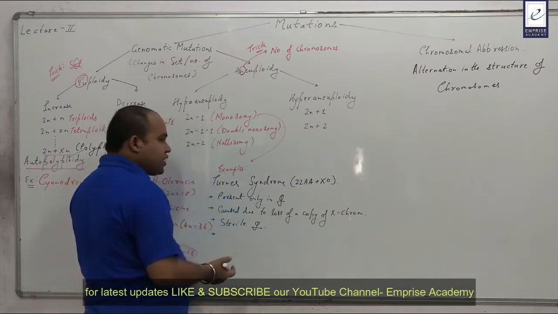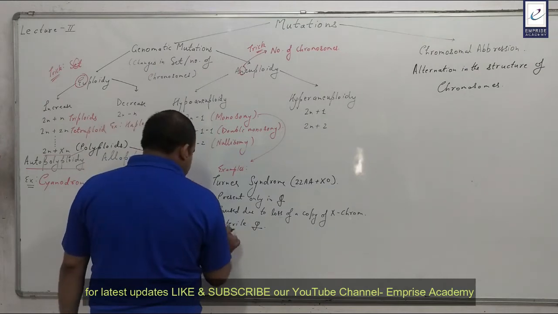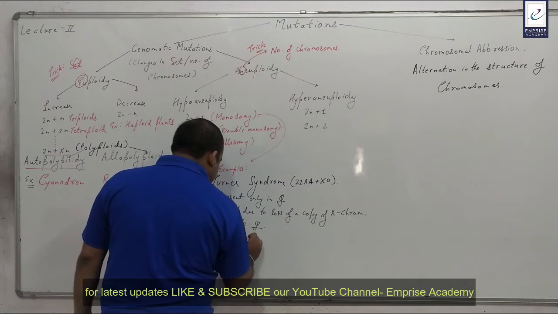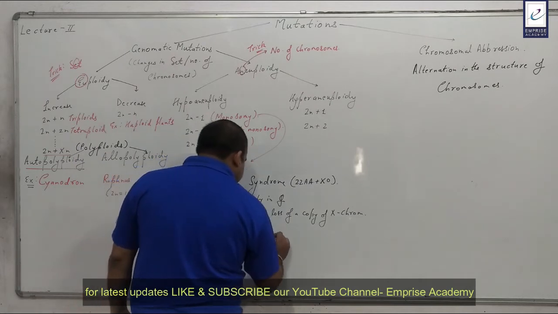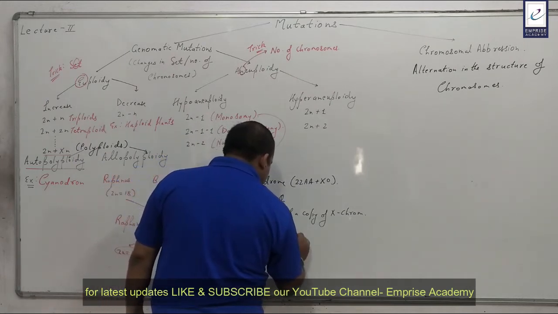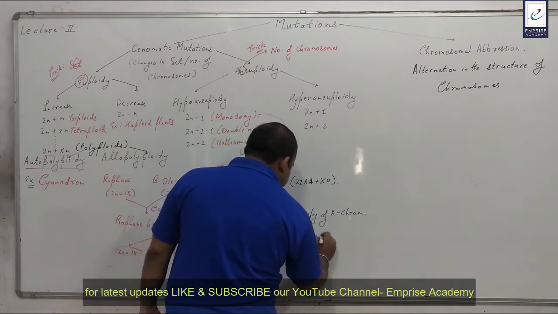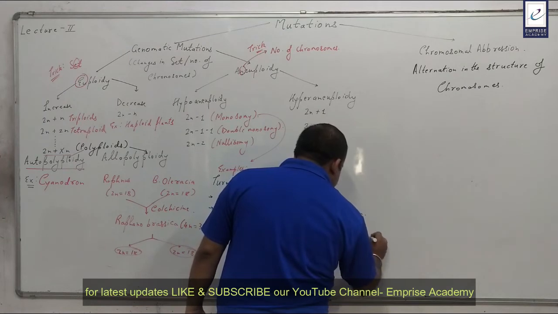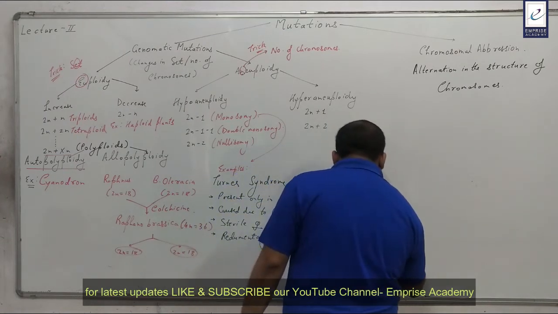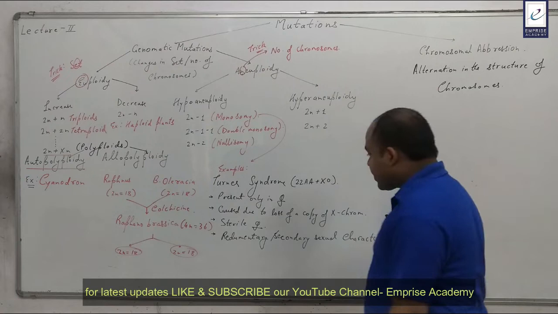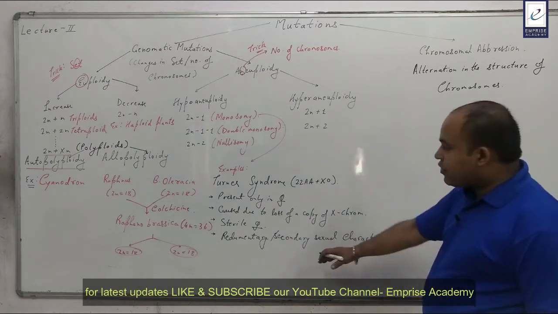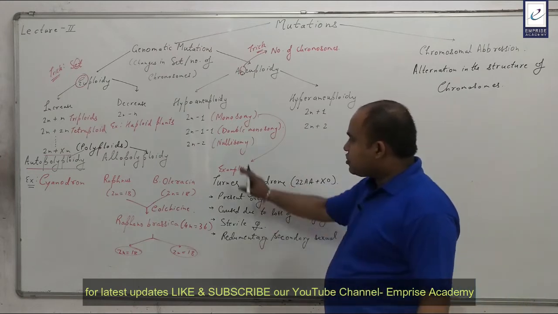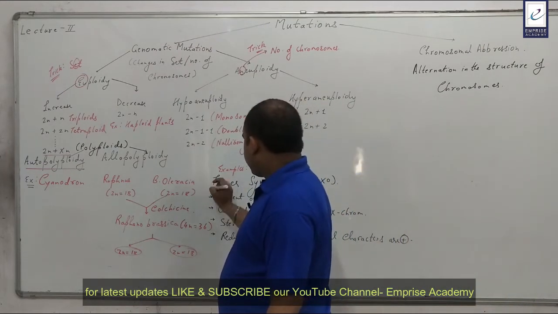Sometimes mental retardation is also produced. The secondary sexual characters are all rudimentary, then it is referred to as the Turner syndrome. So this is all about the Turner syndrome, the first example of monosomy.